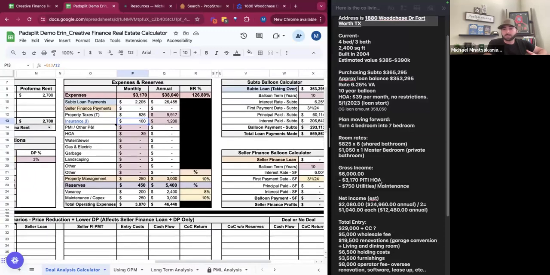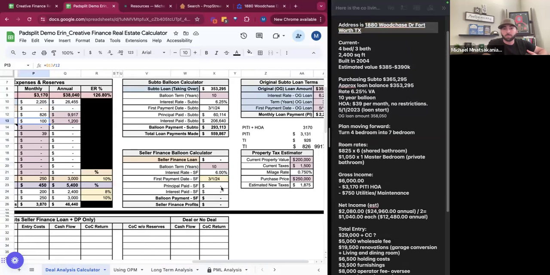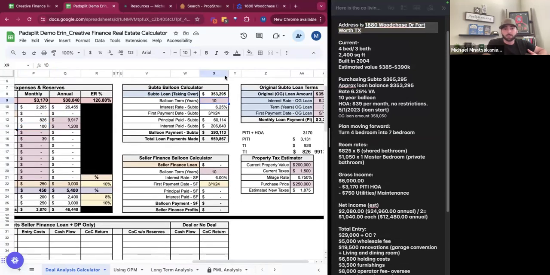All right, and they stated a 10-year balloon. Really important to note that this calculator is super powerful because it will tell you what your balloon is based off the original loan. So if you bought it, your first payment, this is 3/1/24.